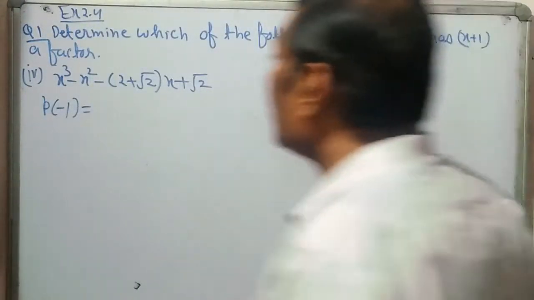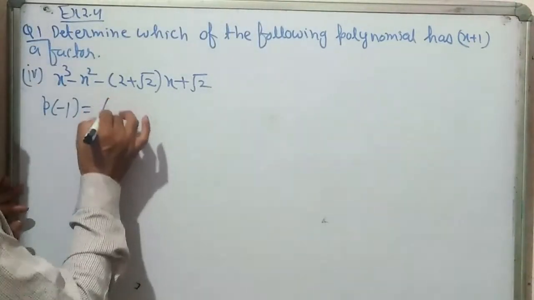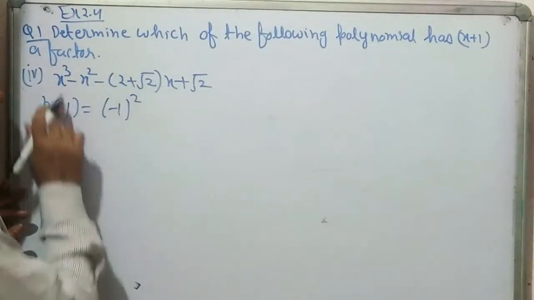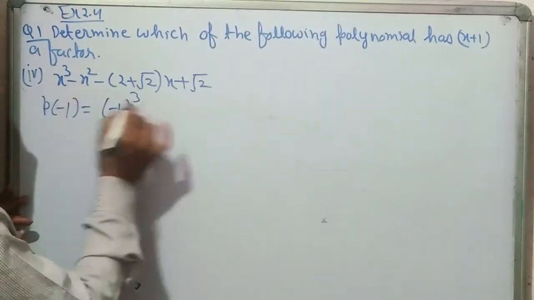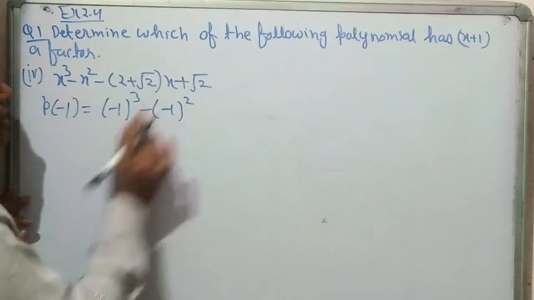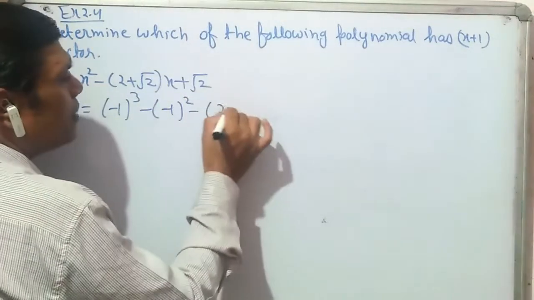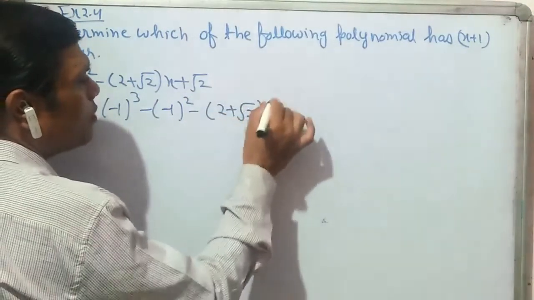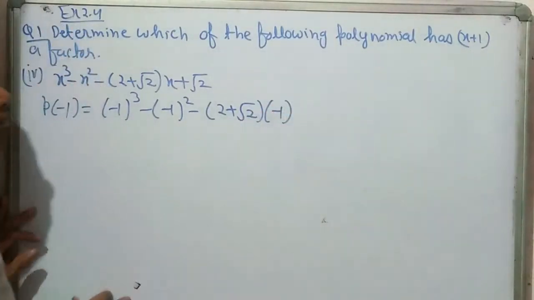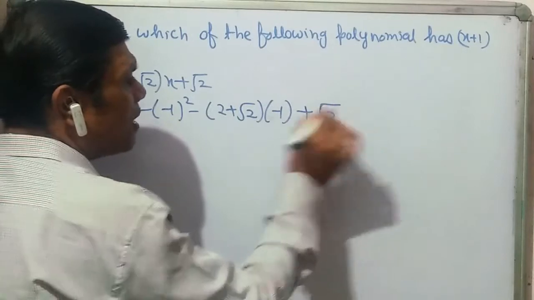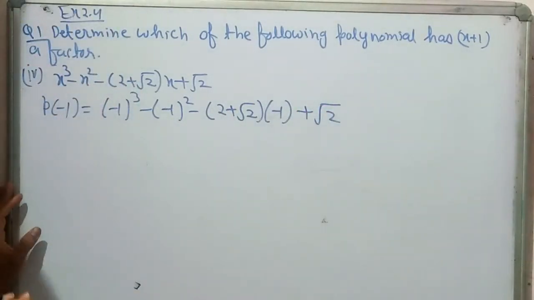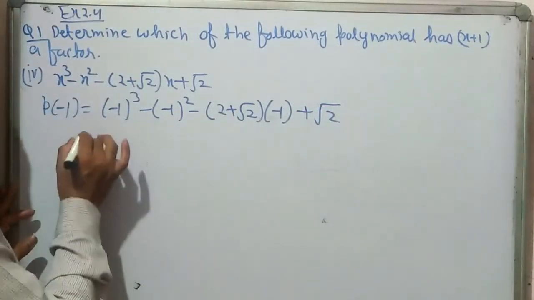So finding this value, what we have is (minus 1) cube, minus (minus 1) square, minus (2 plus under root 2) into (minus 1) in place of x, minus 1 plus under root 2. Simple. Solve it out.